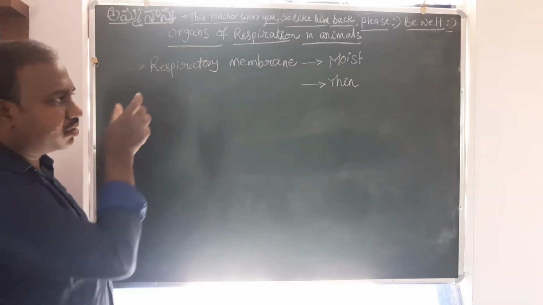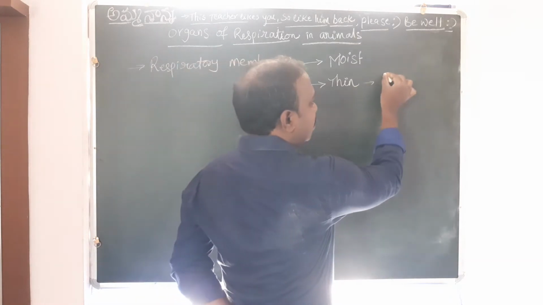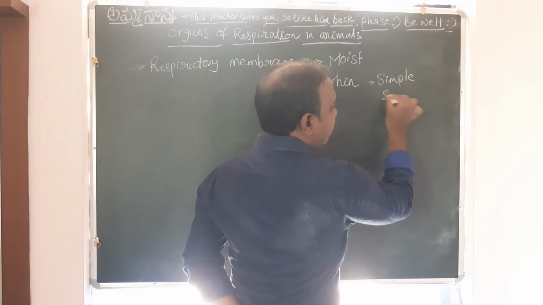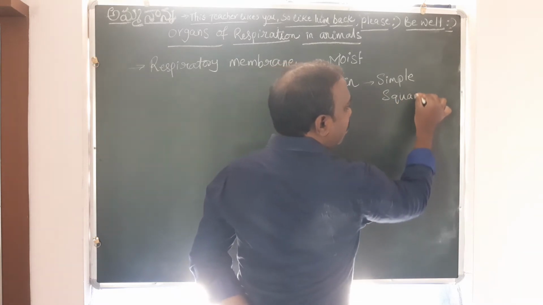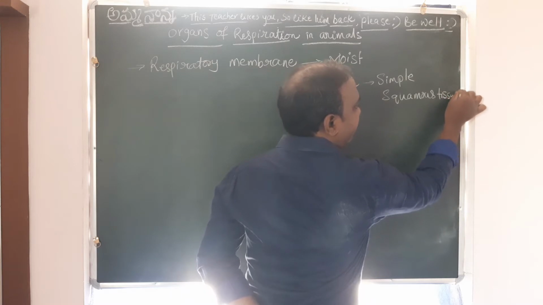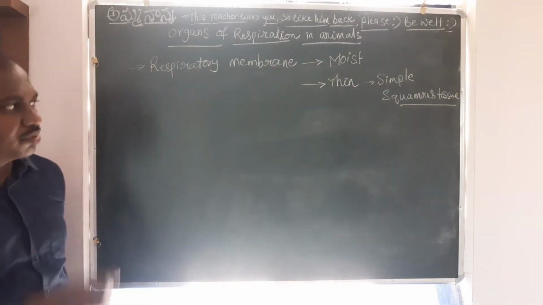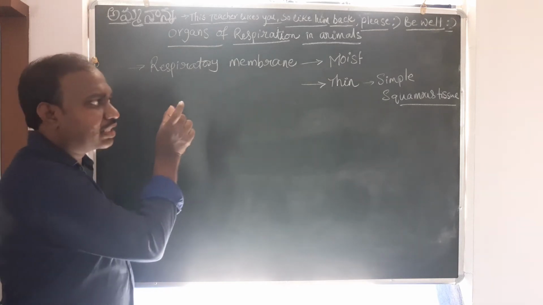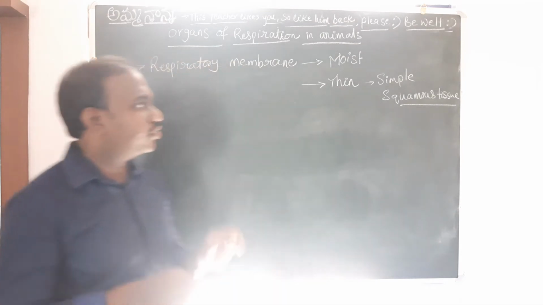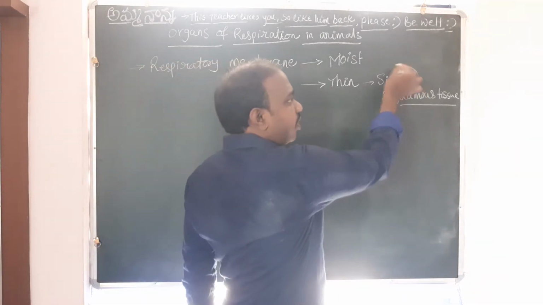Most of the time the tissue that we find here is simple squamous tissue, with one layer of cells. Take the human body into consideration: the thin membrane there is made of simple squamous tissue. Just one layer of cells will be there.